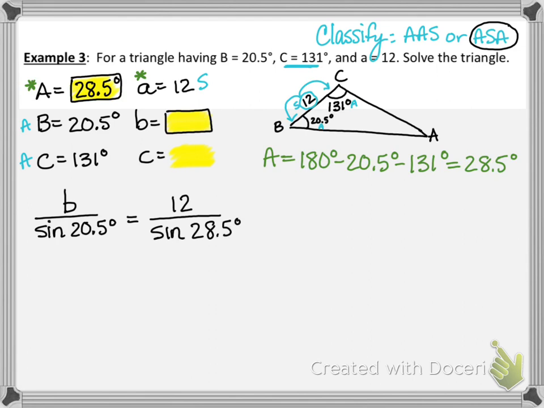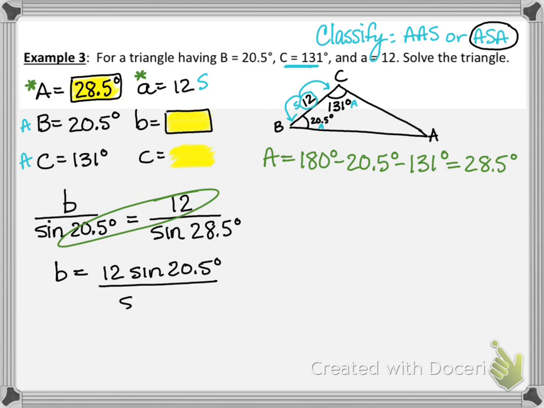So again, nothing has changed. Proportions lead us to do cross multiplication. So I'm going to set B equal to the multiplication of those 2 numbers, and then divide by the number that would be paired with the B value, okay? They're right here across from one another.